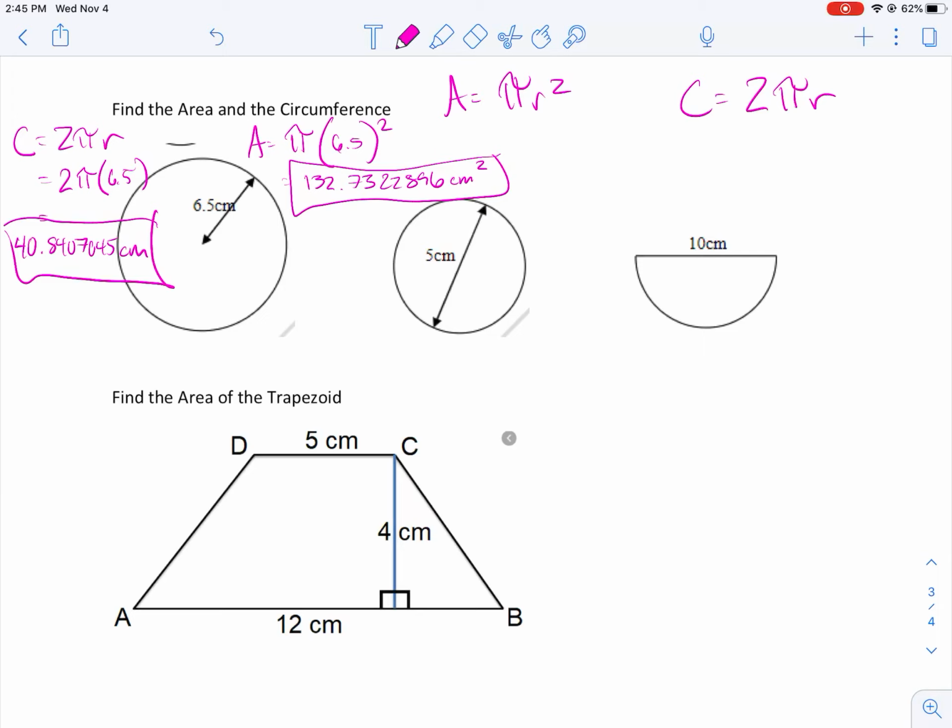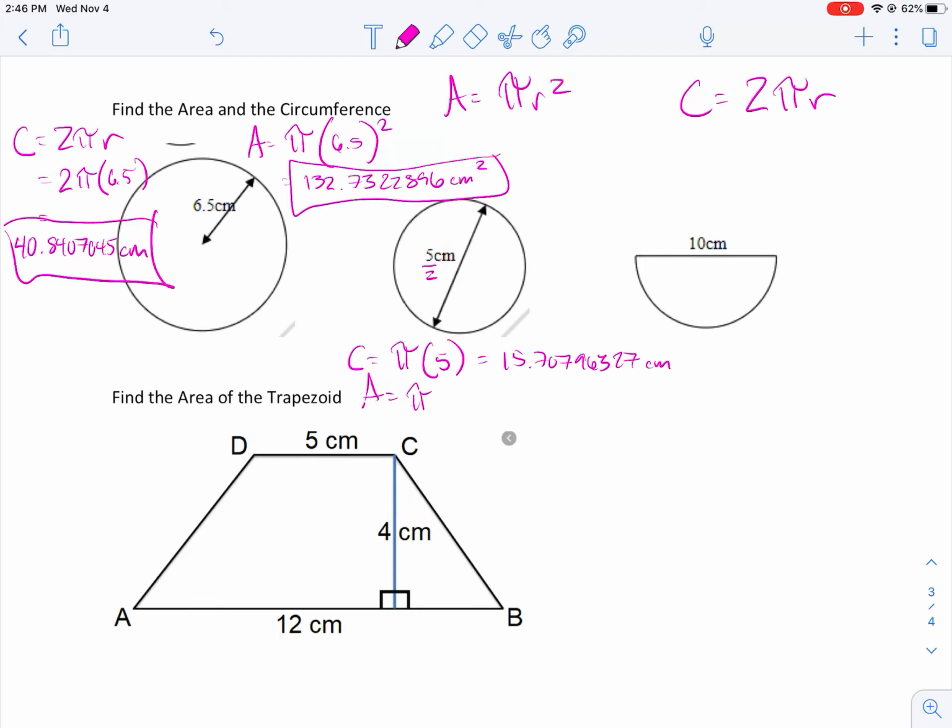Okay, down here they give us the diameter. So if I want to find the circumference, I would just go pi times 5, which is equal to 15.70796327 centimeters. But if I want to find the area, I would have to take the diameter and divide it by 2.